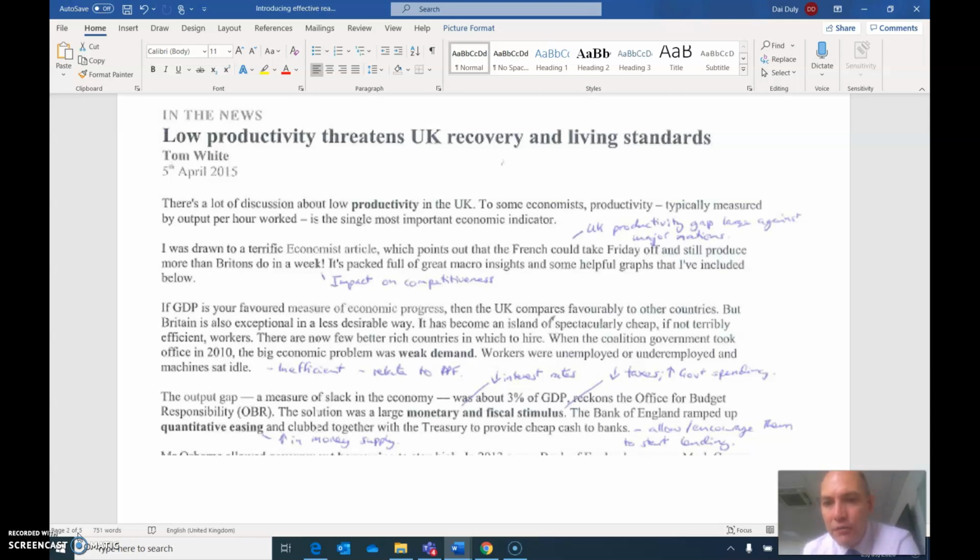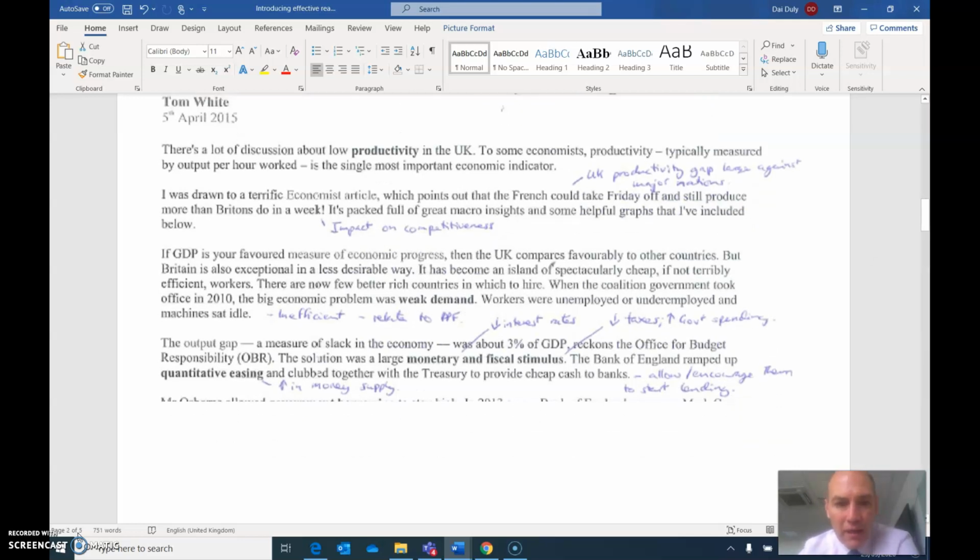And you can see I've written UK productivity gap is large against the major nations, the impact on competitiveness. In the next paragraph down, if GDP is your favoured measure of economic progress, then the UK compares favourably to other countries, but it's exceptional in a less desirable way as well.